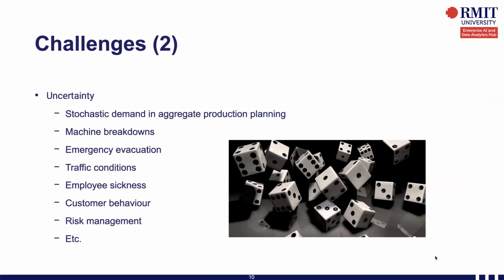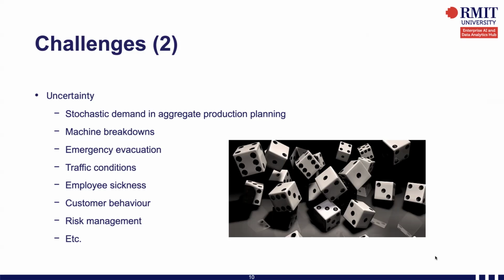Uncertainties are another type of challenge that we face, and they are very practical issues that we need to consider when we design our optimization algorithms. Uncertainties can come from different types of sources. For example, stochastic demand in production scheduling. If you work in job scheduling like me and Fong, then we're going to see things like machine breakdowns.